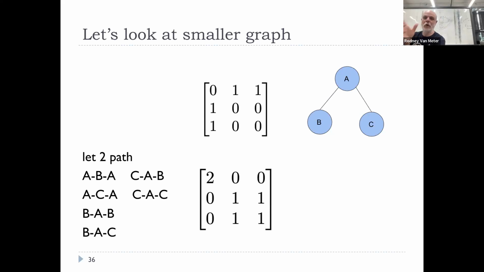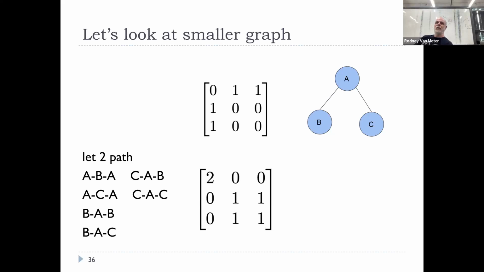There's no path that starts at A, goes 2 steps and ends at C, because we're assuming that in every step you must move along one of these edges. So you can't go from A to B and then just wait at B, because there's no edge that connects B to itself in this particular structure. On the second step, once you're at B, your only choice is to go back to A.